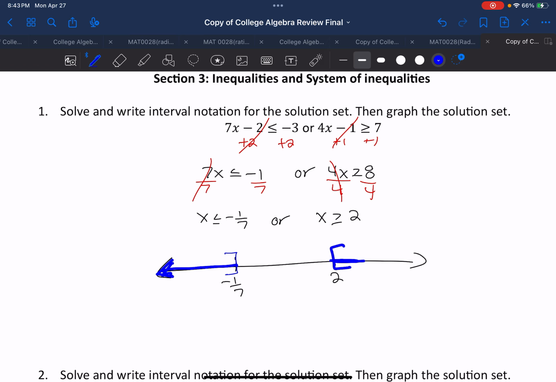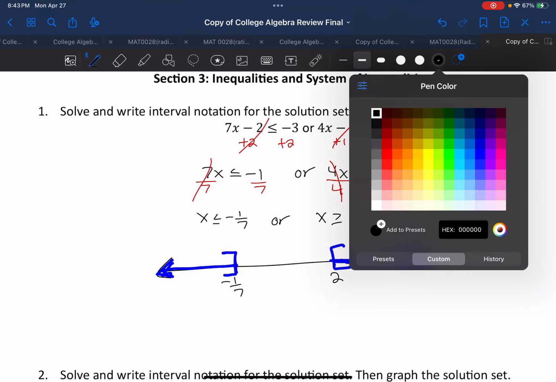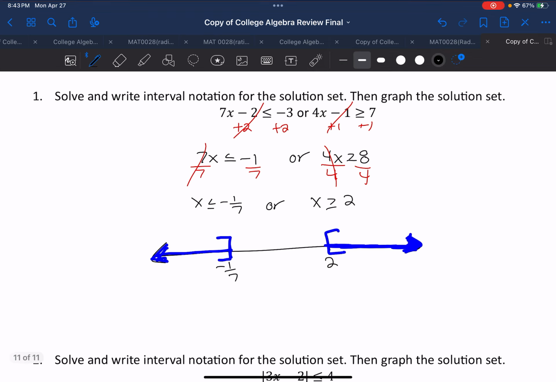So that's shading to the right, and that would also get a bracket because it can equal. So in interval notation, reading this number line from left to right, it would start at -infinity, up until -1/7 with a bracket, union, bracket 2, comma, infinity.